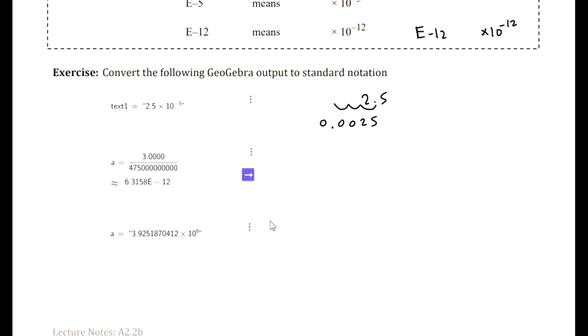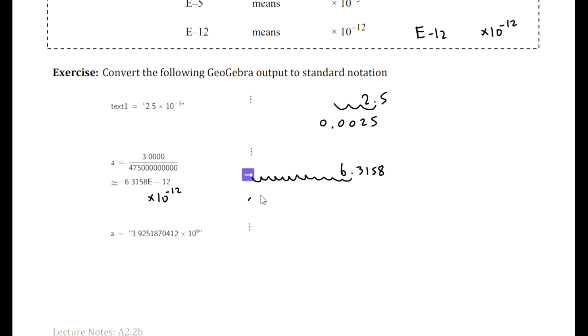The next example, we see the capital E notation. So we have 6.3158 E negative 12. That's telling us times 10 to the negative 12 power. A very small number, right? So 6.3158 is large relative to what we started with. So we need to make it smaller. We're going to move the decimal place 12 times to the left. 1, 2, 3, 4, 5, 6, 7, 8, 9, 10, 11, 12.